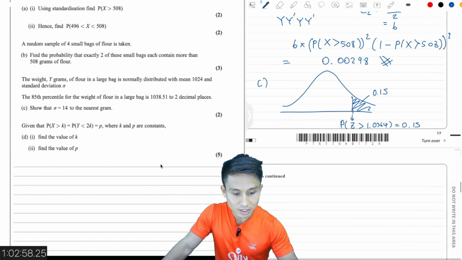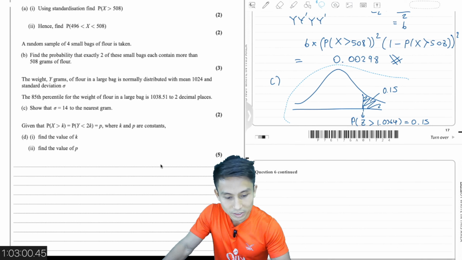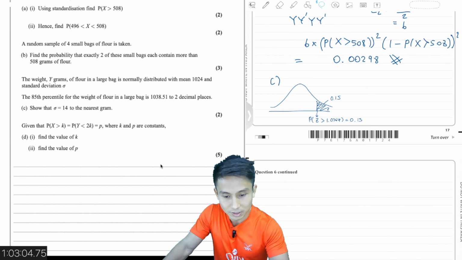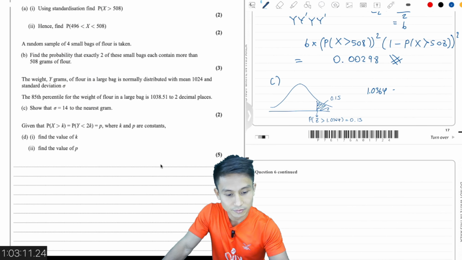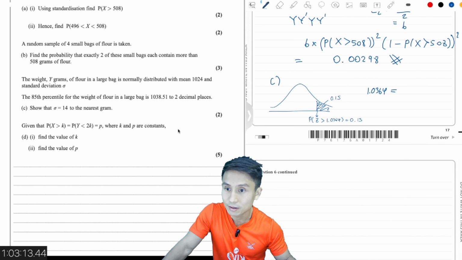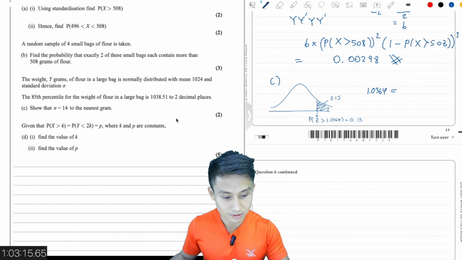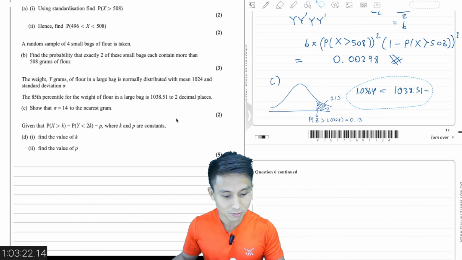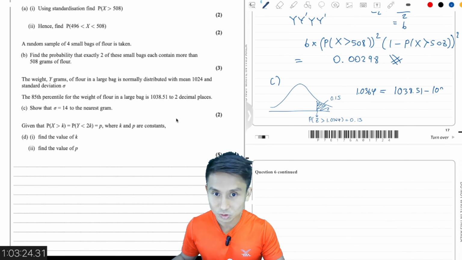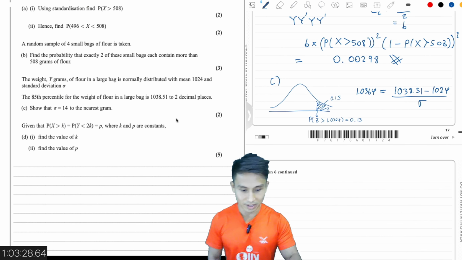So that means if we do the equation there to find sigma, so z, which is 1.0364, equals the 85th percentile, which is 1038.51 minus the mean, which is 1024, divided by sigma, which is what we are finding, the standard deviation.